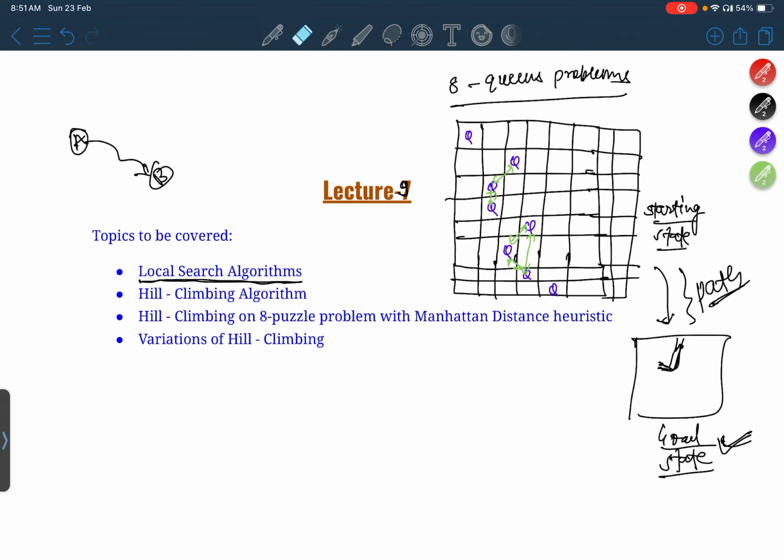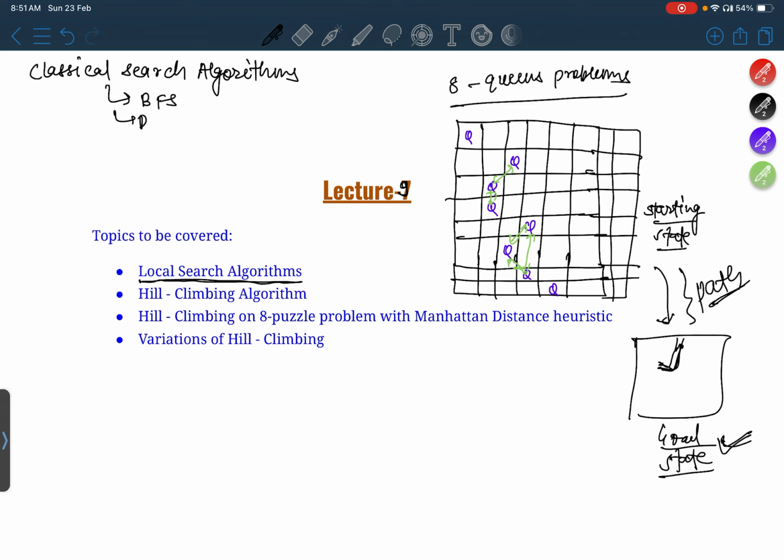Another issue with all the search algorithms that we have discussed so far, those are known as the classical search algorithms, the ones we have studied so far: BFS, DFS, UCS, A star and all.